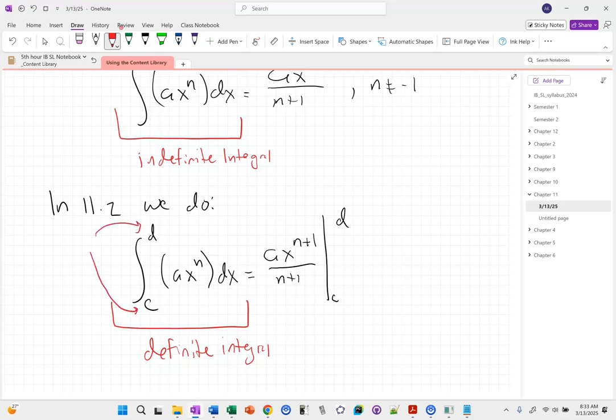The only difference is these will have some numbers written here. These numbers are called the bounds of integration. The top number is called the upper bound, the lower number is called the lower bound. Shocking, I know.